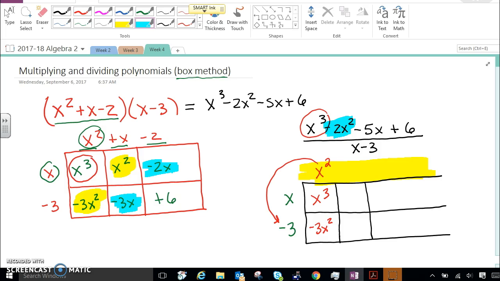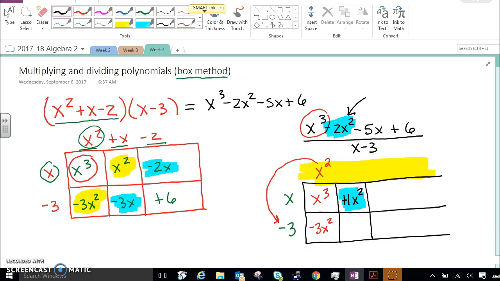Well, what would I add to negative 3x squared in order to get that negative 2x squared? We would have to add a positive 1x squared.